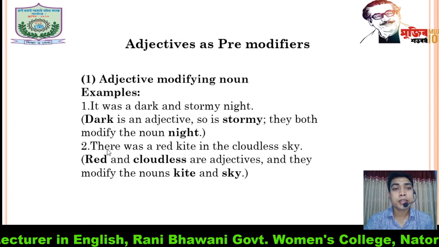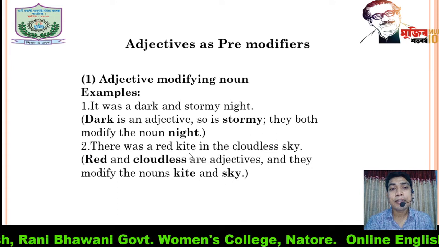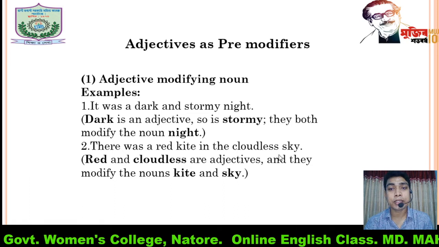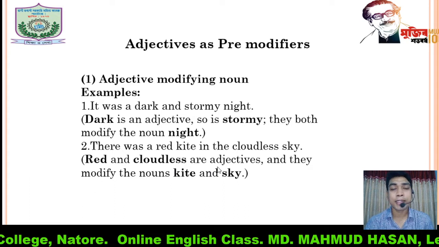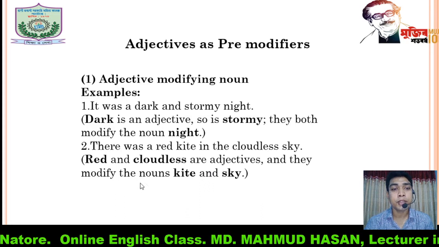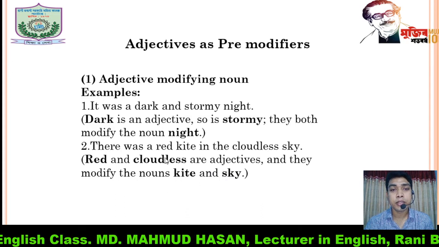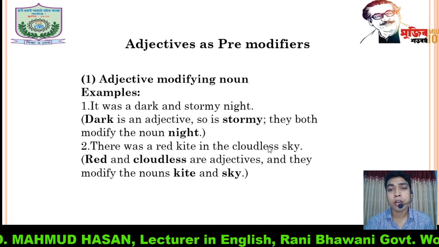Here is a second example for you. There was a red kite in the cloudless sky. Red and cloudless are adjectives, and they modify the nouns kite and sky. Here in the sentence, red kite and cloudless sky.